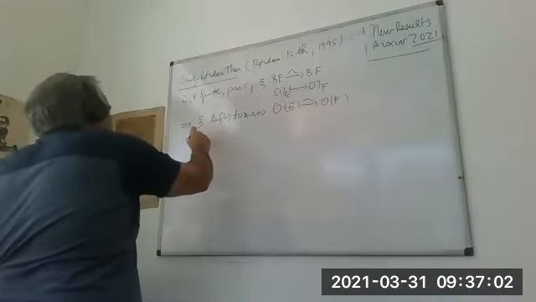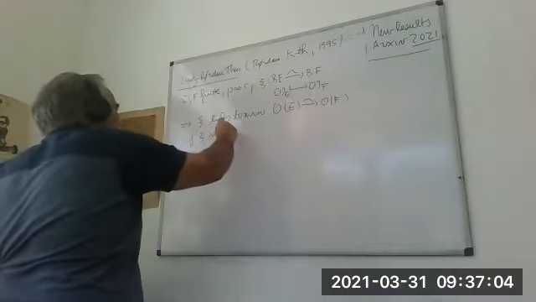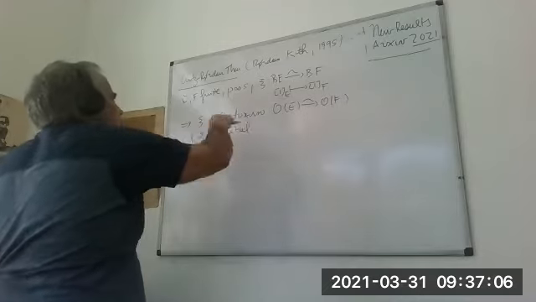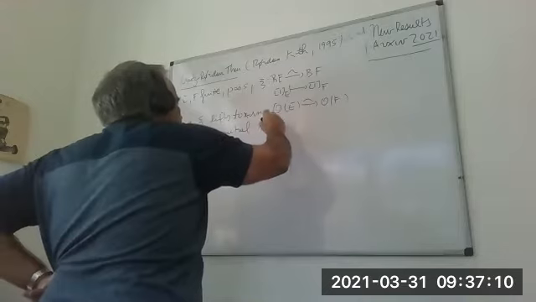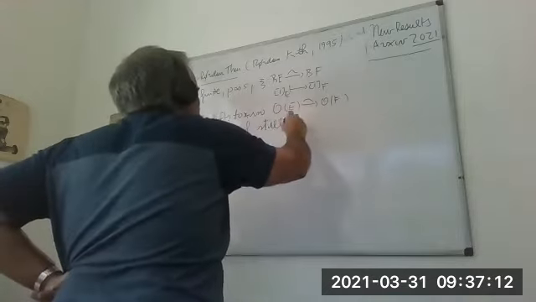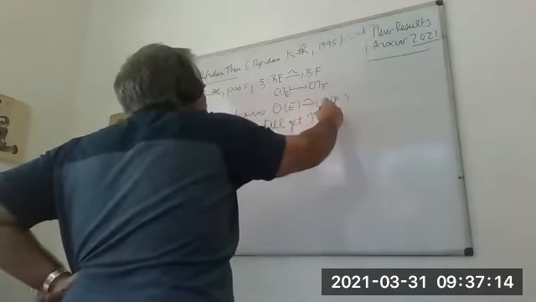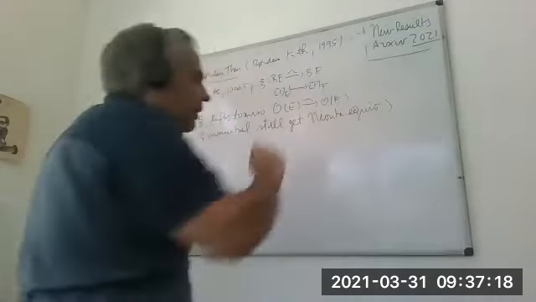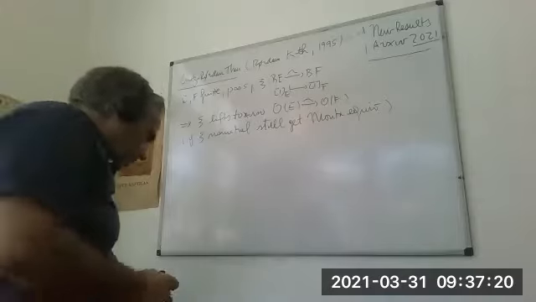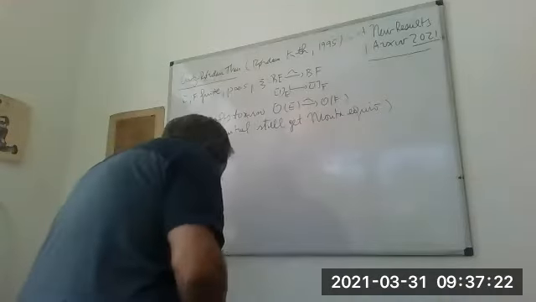If it is non-unital, so it doesn't send one to one, you still get Morita equivalence. So stable isomorphism. Okay.